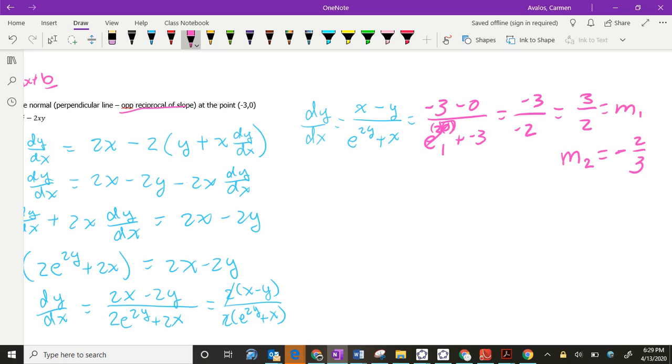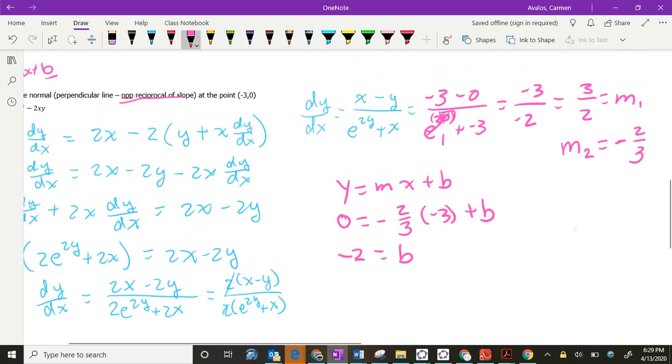And it's going to go through this point, so we're going to then take the y equals mx plus b equation here. And so we are going to fill this in to be 0. The slope is going to be negative 2/3, and then the x is going to be negative 3, and then we're going to solve for b. So b is going to be negative 2. So that's what we ended up having there.